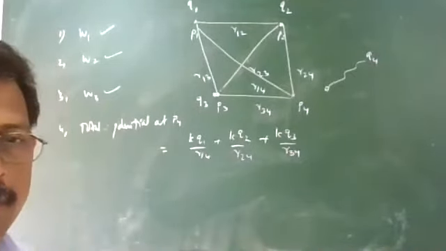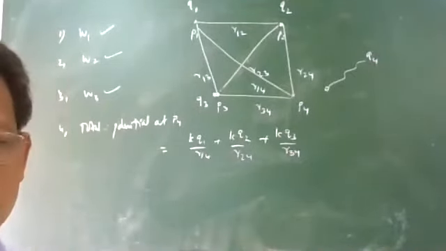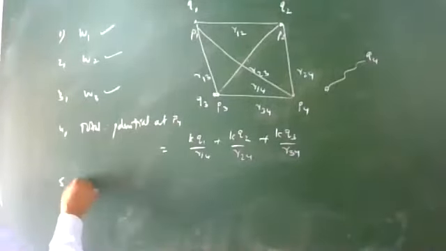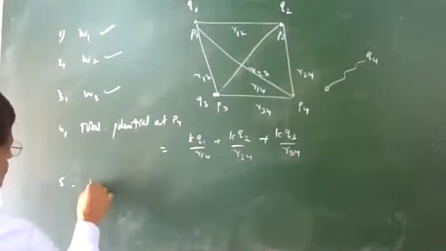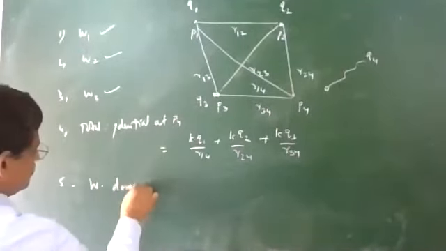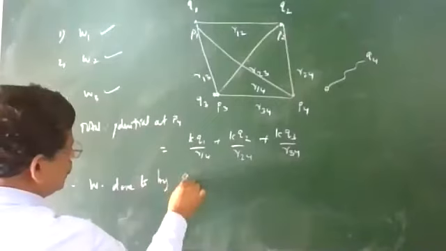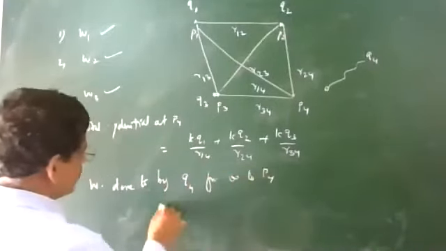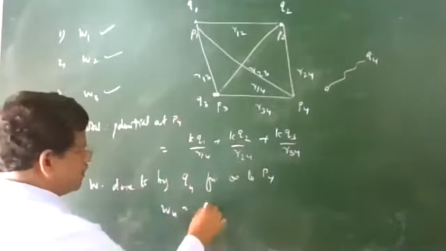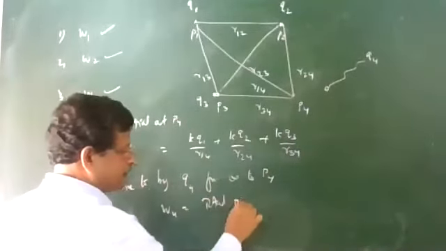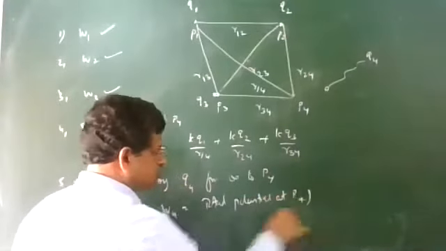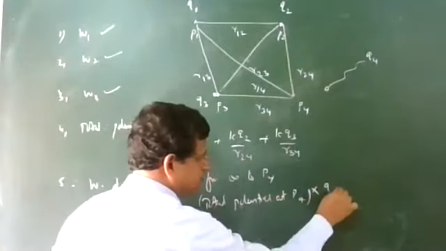Total potential at a point means the work done bringing unit charge from infinity to that point. Therefore, work done to bring Q4 from infinity to the point P4, W4, is equal to total potential at P4 into the charge that you are bringing.